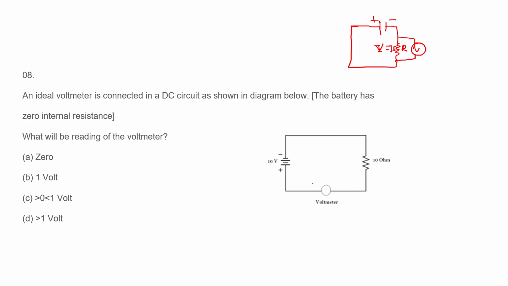So this is how usually we use voltmeter. But here they are saying it's connected in series, not in parallel but in series. And since voltmeter has very high resistance, that means the current in the circuit will be zero. Because it has very high resistance, the current in the circuit will be zero, and thus there will not be any current flow, and the voltmeter will be showing zero.